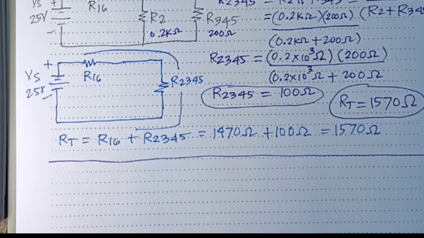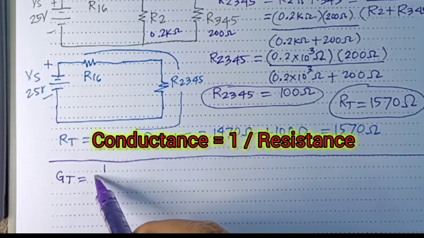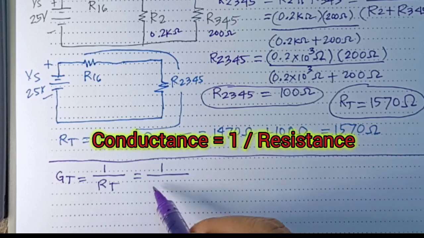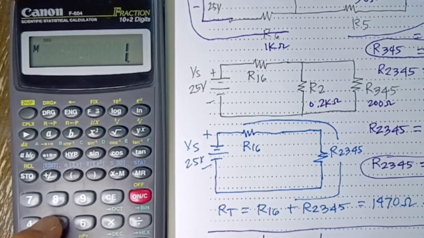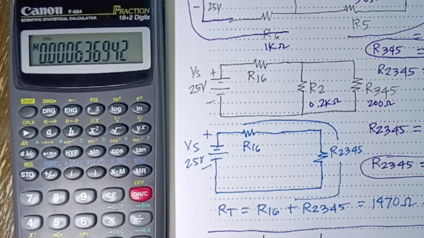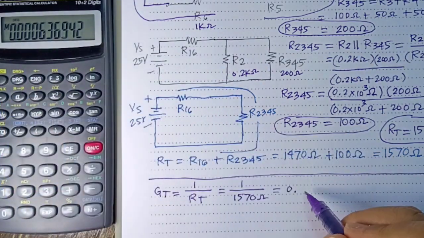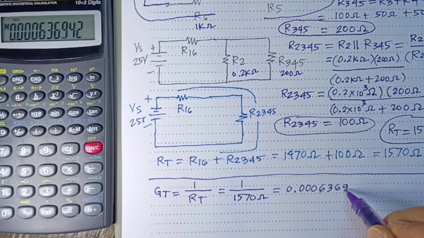Now to continue with the next problem, we will be getting the total conductance, GT. This is so easy, just divide 1 over the total resistance. Our total resistance is 1570, therefore we divide 1 by 1570. We would get 0.000636942 Siemens.